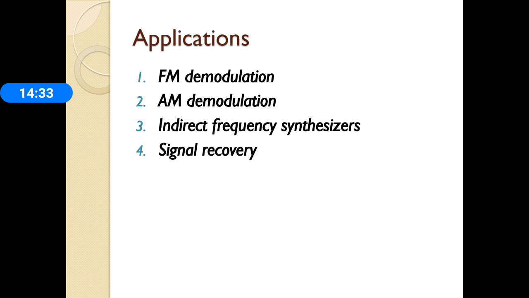At a frequency corresponding exactly to the frequency of the carrier, it can be mixed with the incoming signal to synchronize the demodulation of the amplitude modulated signals. Then indirect frequency synthesis, and then signal recovery. These are the applications of the PLL.